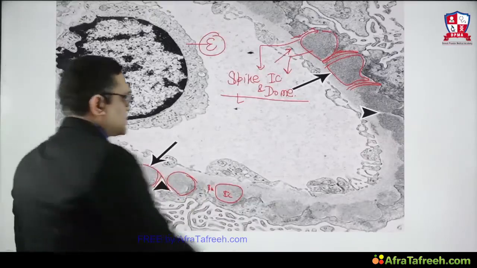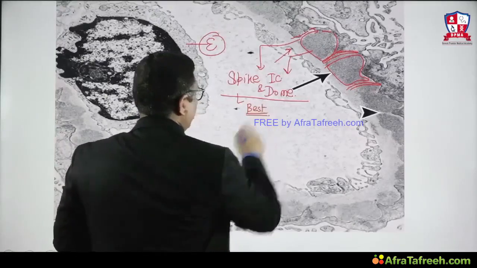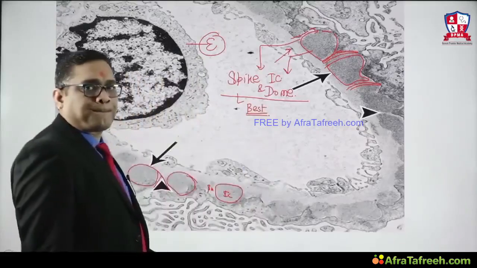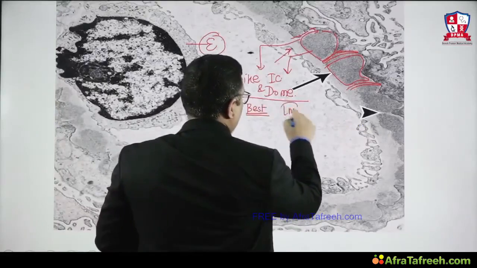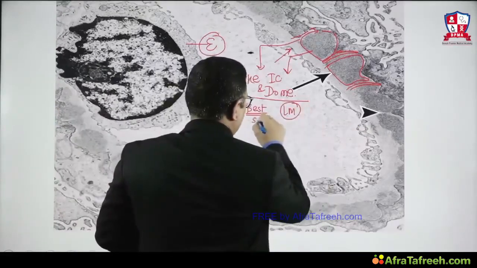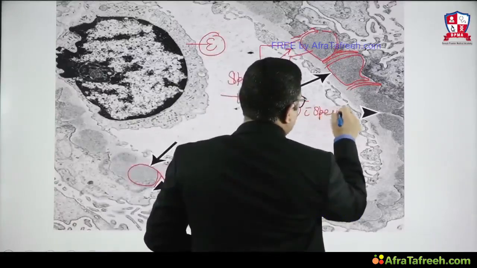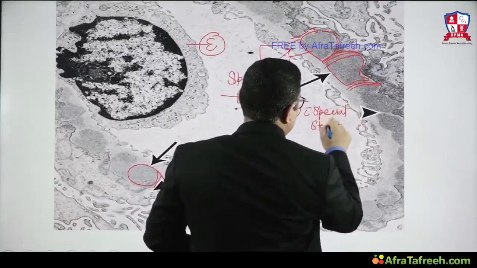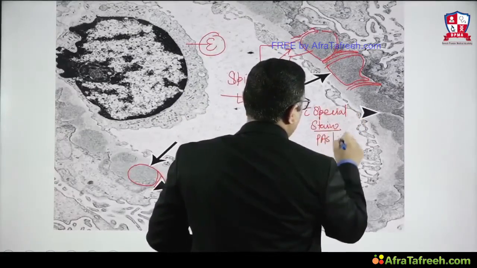Examiner may ask this question: spike and dome appearance is best appreciated by which microscopy? So remember, it is best appreciated by light microscopy, not by electron microscopy. It is best seen by light microscopy with special stains, like PAS or silver.